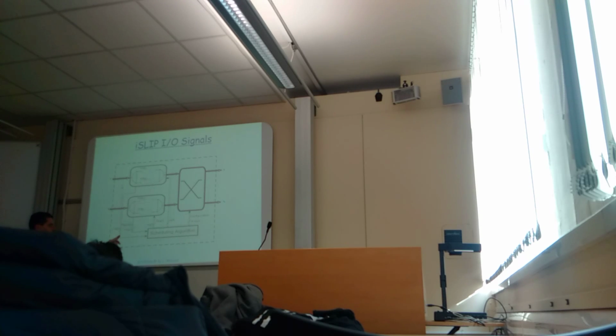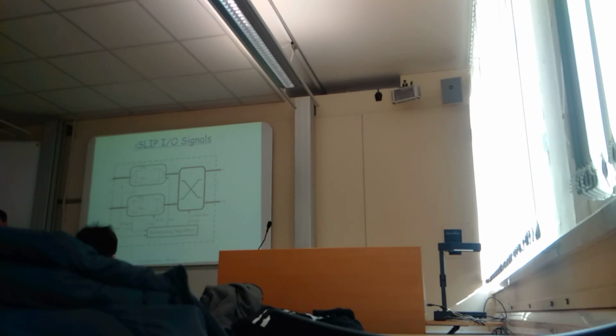So this data will not be taken into effect unless this bit is set high to say it's valid. That's why you add 1. So each request is 1 plus log n signals, or bits. If I have n of them, you get n times (1 plus log n), so it's n plus n log n signals.